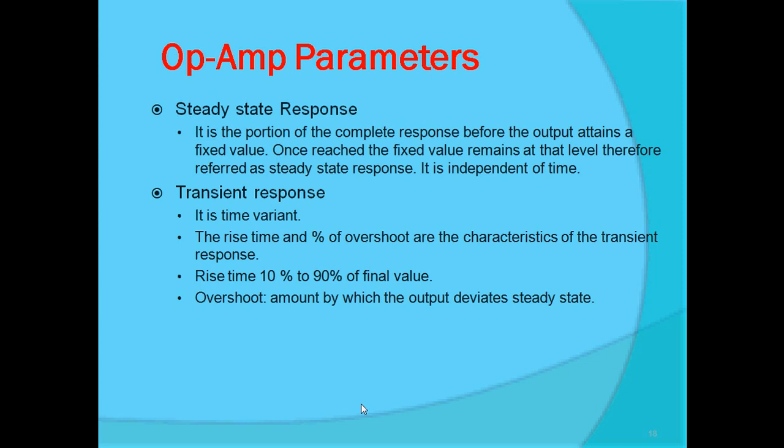To summarize, transient response is the portion of the complete response before it attains its fixed value, and steady state response is when the response has reached the fixed value and remains at that level.